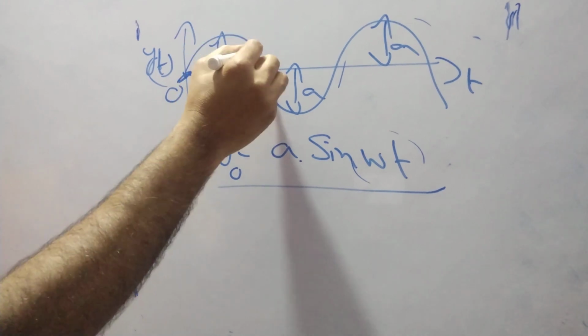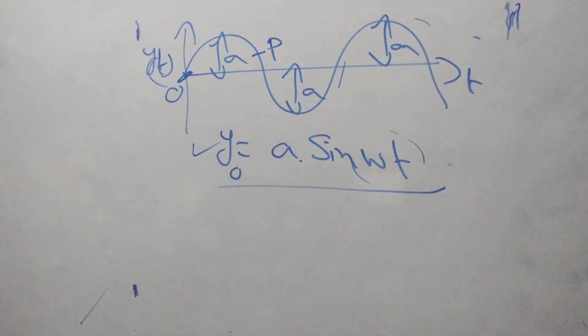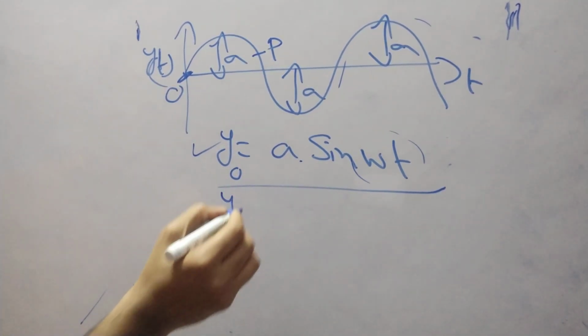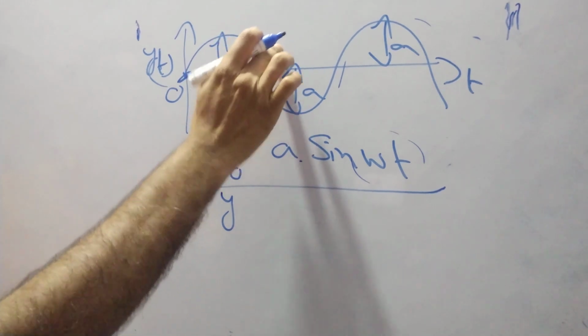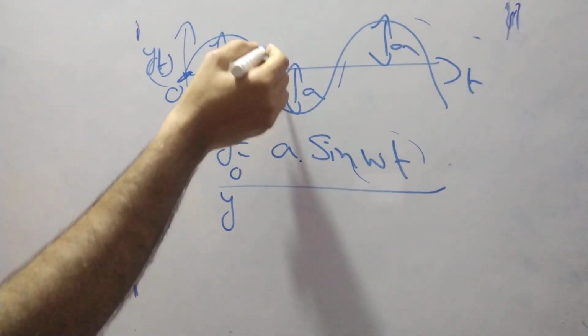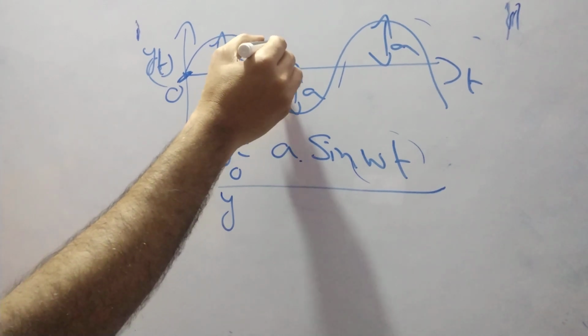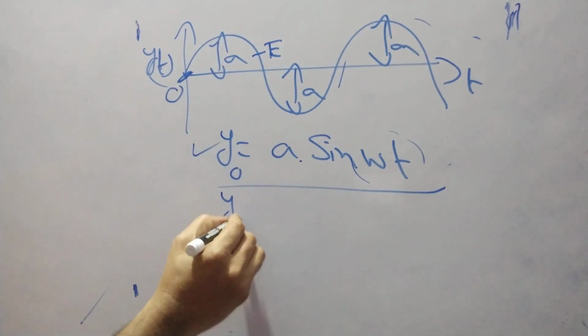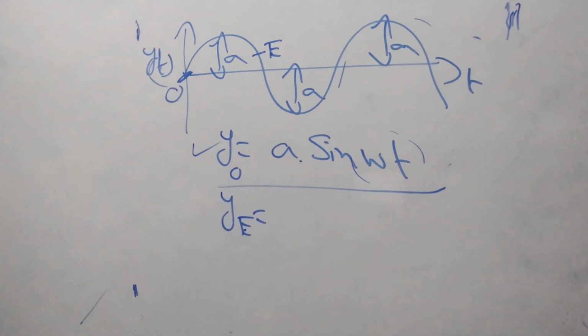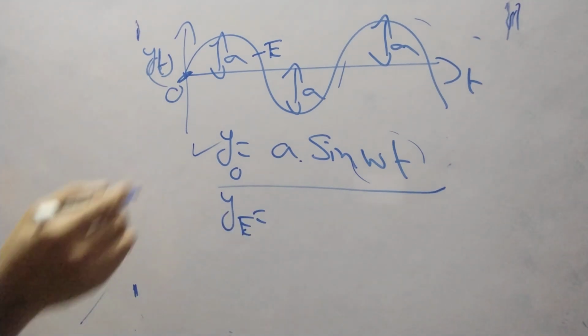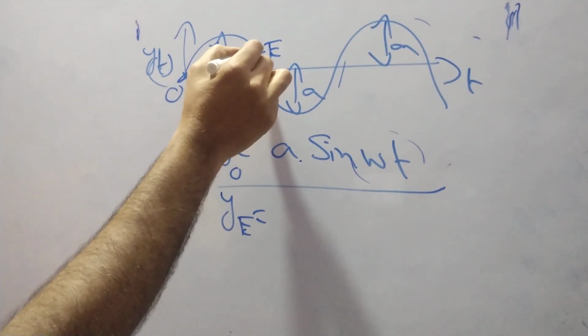Suppose I will take a point P here, right? You take any point, P already points are in this. You can take this point as suppose point E. So y at E. So what is y at E?